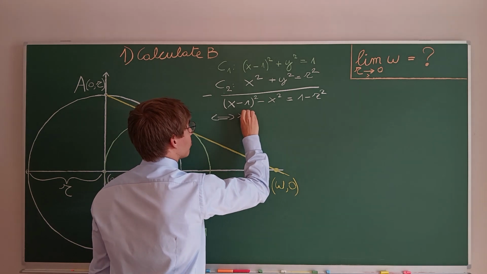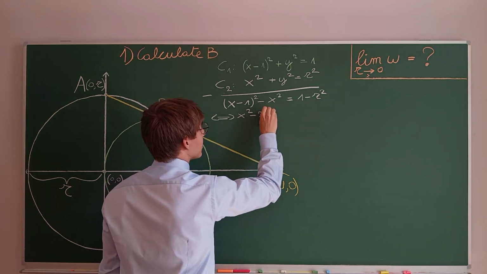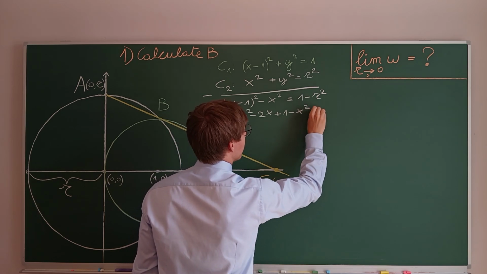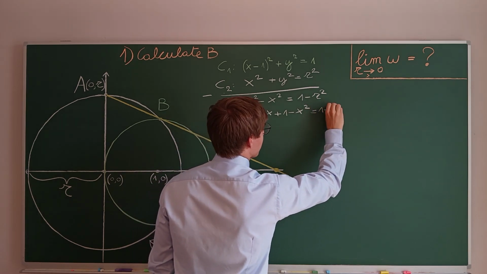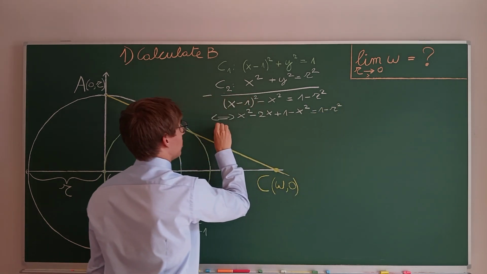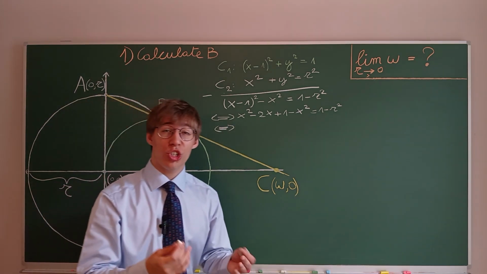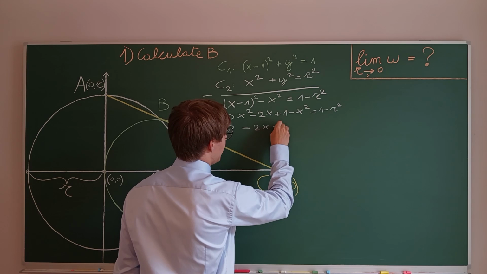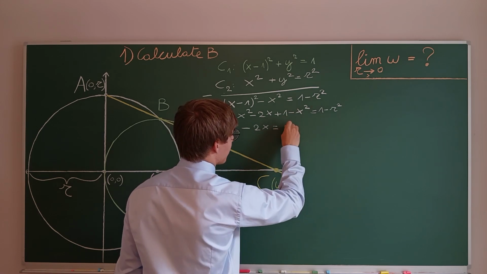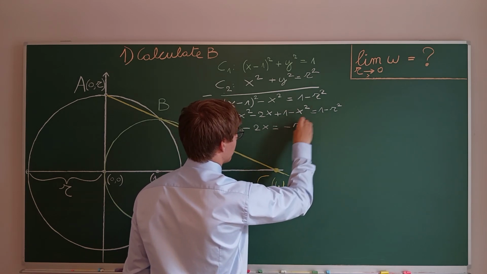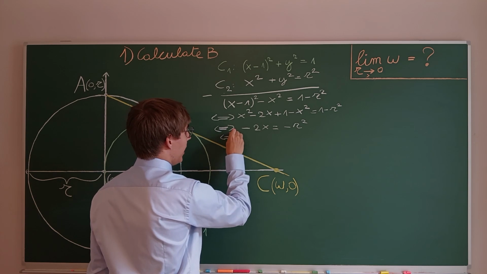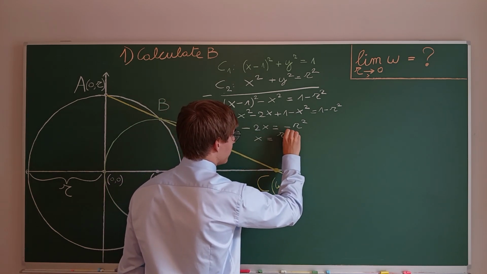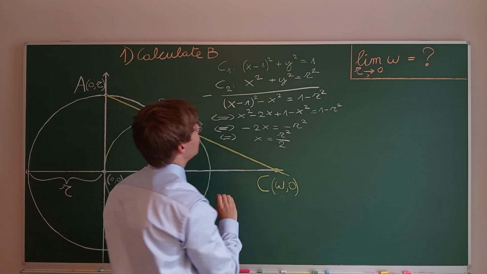And now we get x squared minus 2x plus 1 minus x squared is equal to 1 minus r squared, which gives us that minus 2x is equal to minus r squared, which gives that x is equal to r squared over 2.